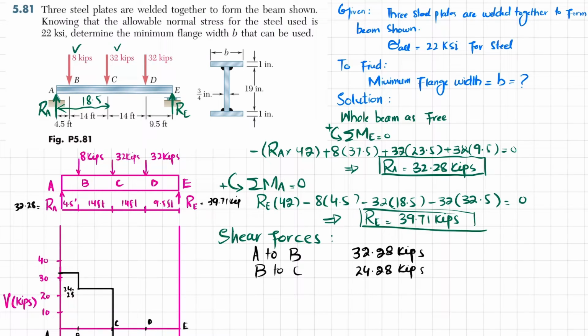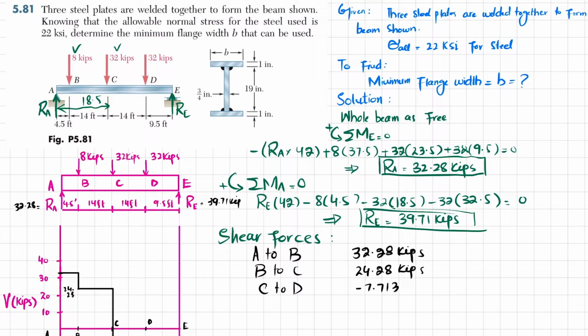Now from C to D there is no load, so this will be equal to minus 7.71 kips.